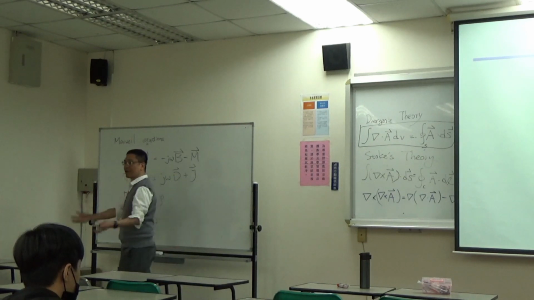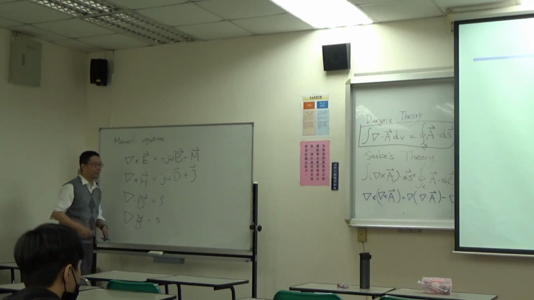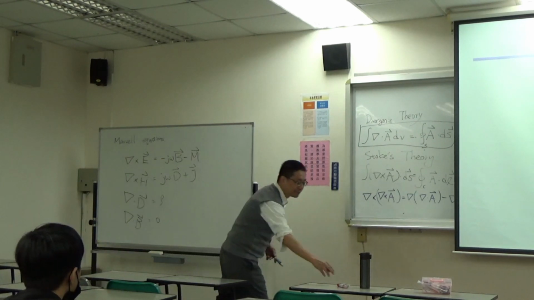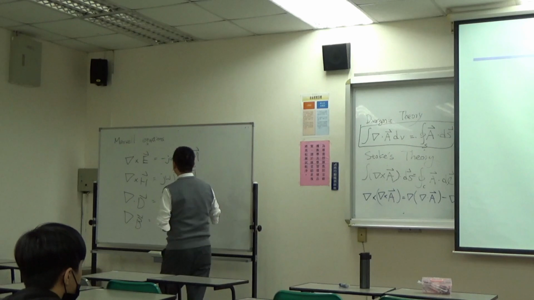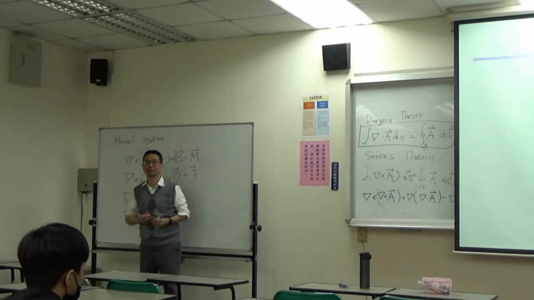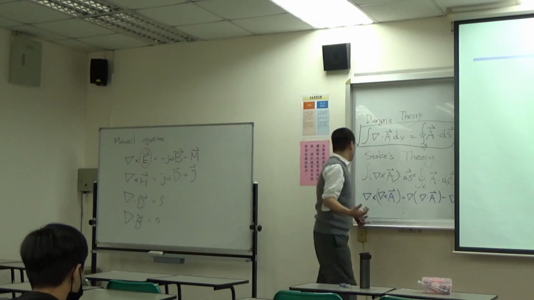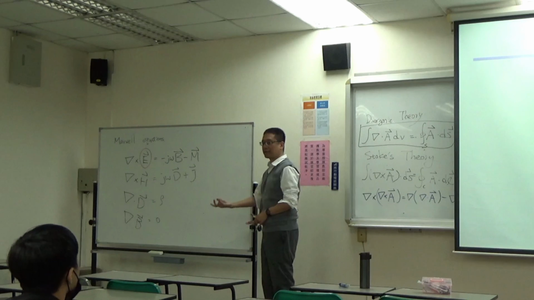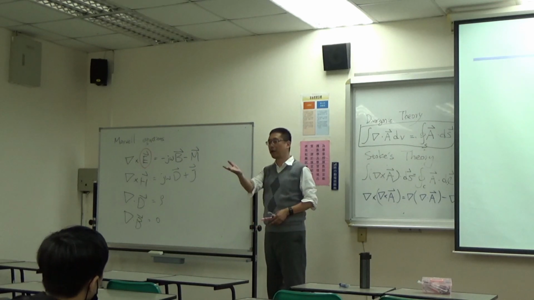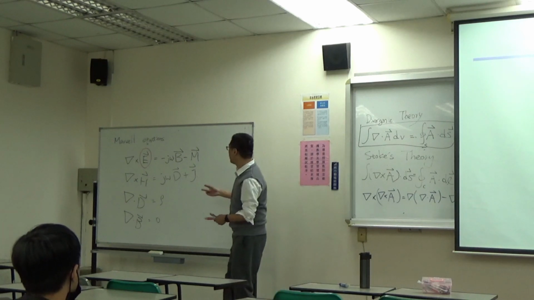Okay. Here comes the question. What is E? What is H? Well, let me ask you the first question. What is E? I asked you in the last class, and you gave me an answer. What is E?